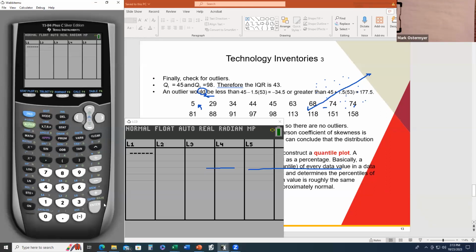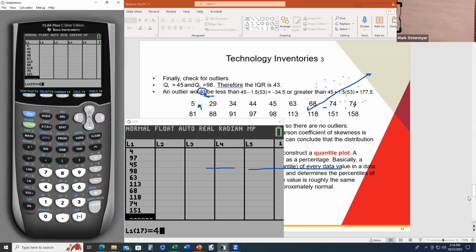So stat edit, list one. We're gonna try this out here. 63, 113, 68, 118, 74, 151, 70.